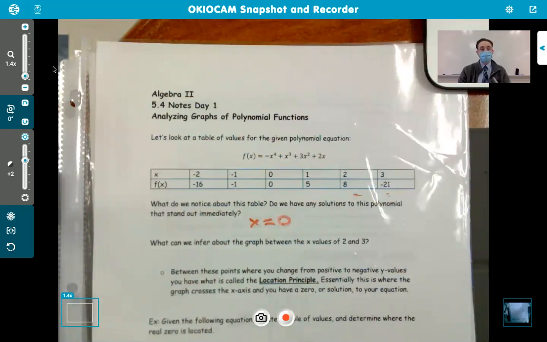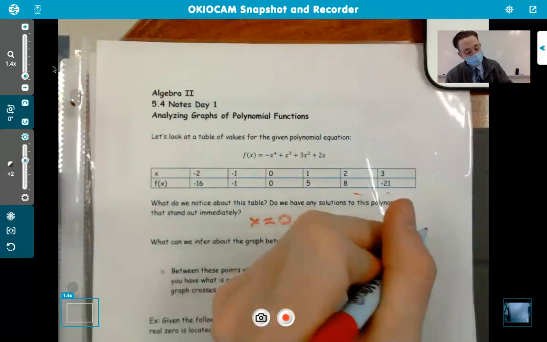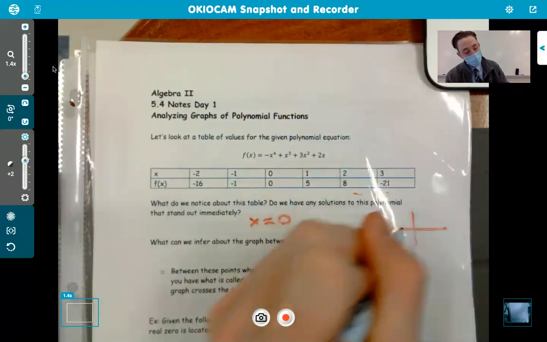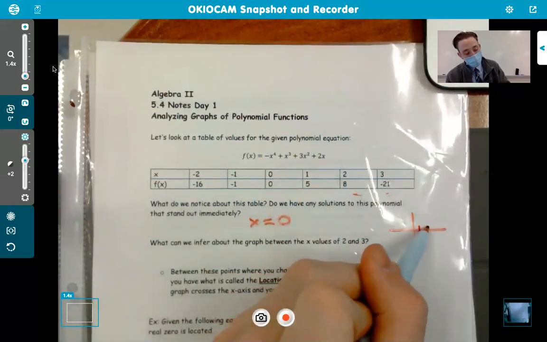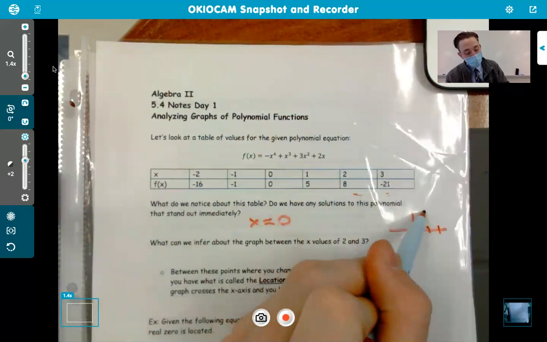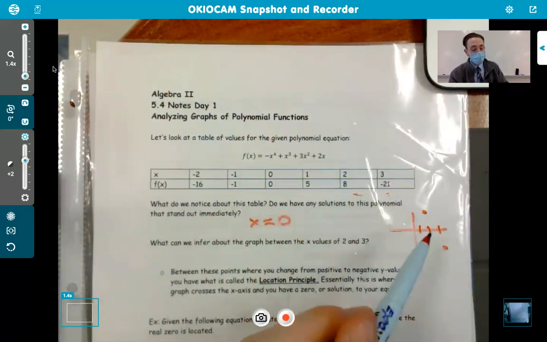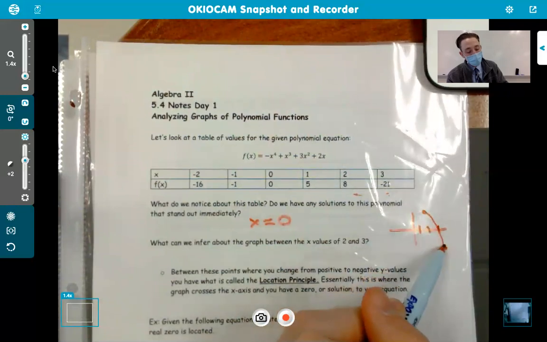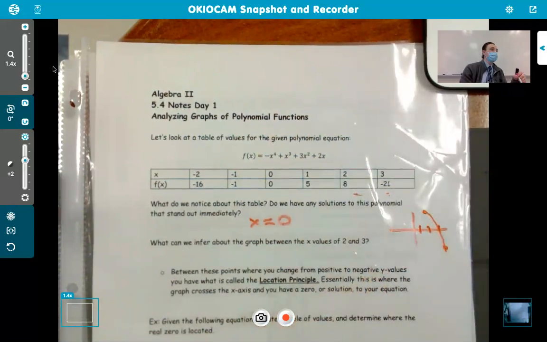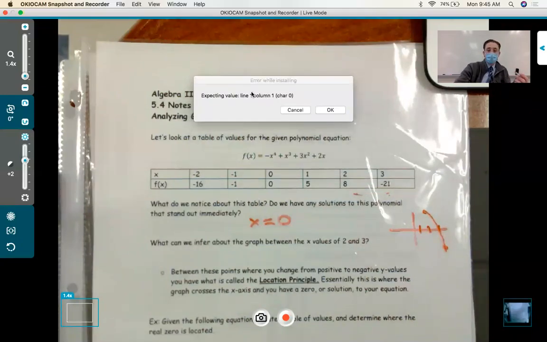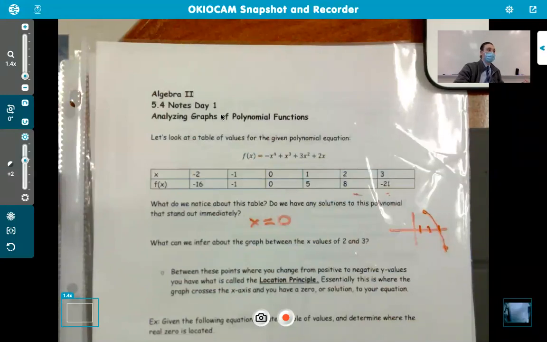One's a positive y value, one's a negative y value, which means that if I were to plot this, one value at 2 is up here at 8. The other value at 3 is down here at negative 21. So at some point, to get from this point to this point, aren't I crossing the x-axis? And when I cross the x-axis, doesn't that imply that I have another solution, right?